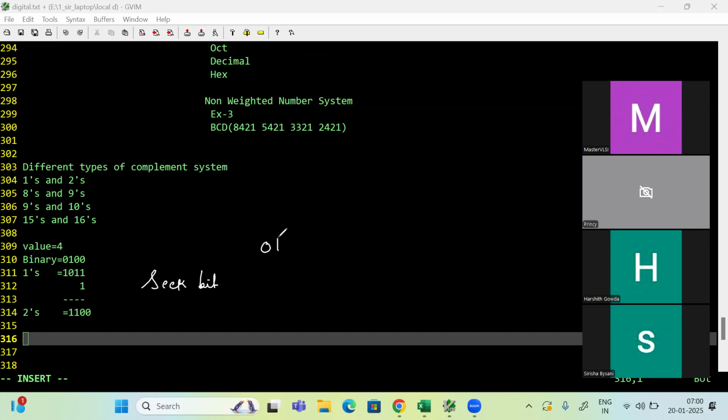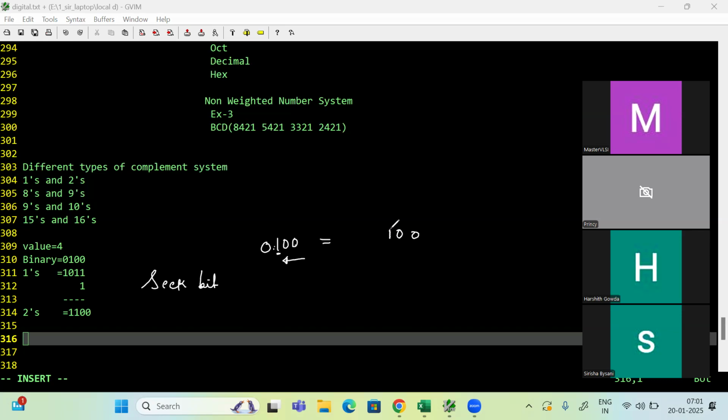Example, you have 0 1 0 0. This is your value, and I need its two's complement. From the LSB you start, and till you get the first 1, that position is called the sig bit. Till you reach the sig bit, whatever the value is, just write it as it is.